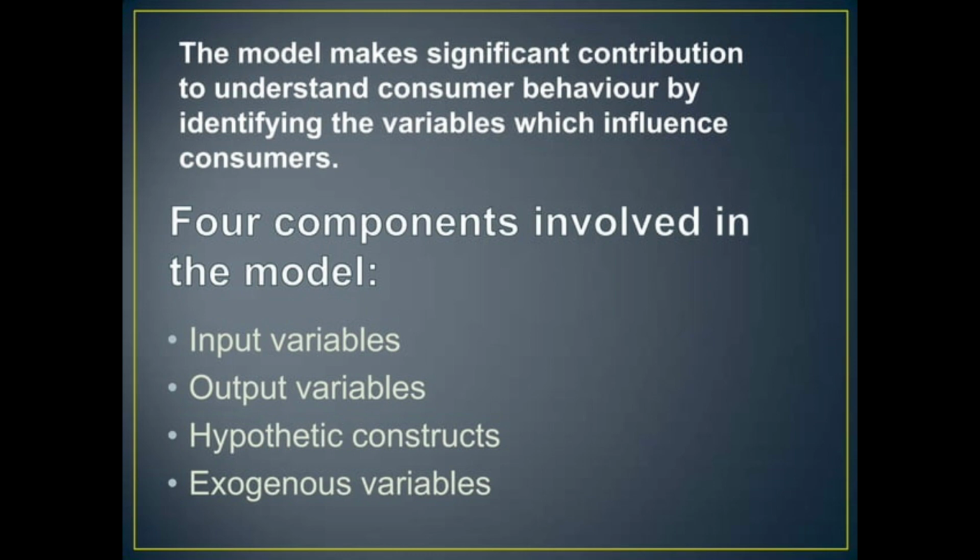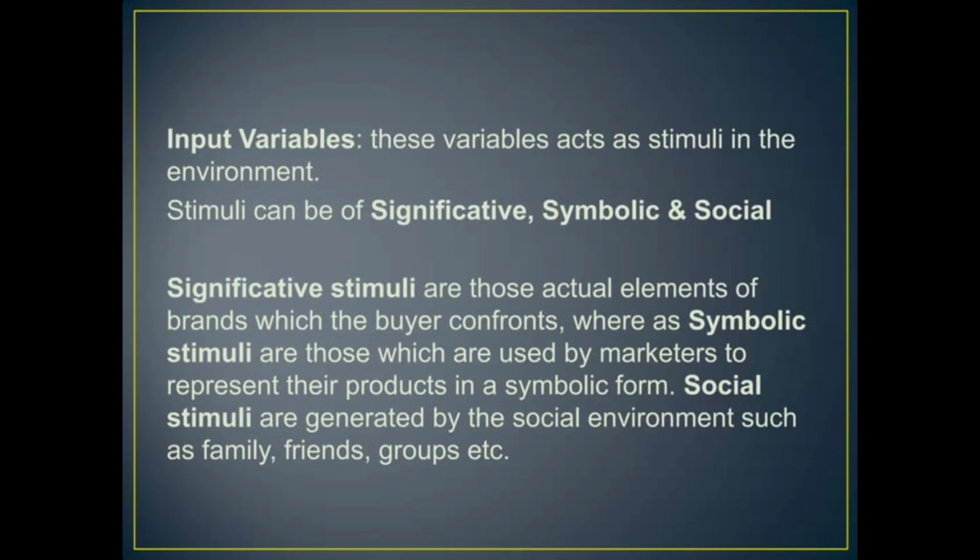The model signifies the contribution to understanding consumer behavior by identifying the variables which influence consumers. Four components are involved in this model: input variables, output variables, hypothetical constructs, and exogenous variables. So what do you mean by input variables? These variables act as stimuli in the environment. Stimuli can be significative, symbolic, and social.